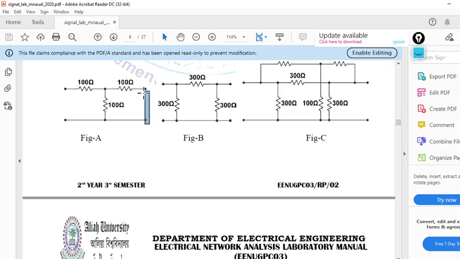If we short circuit, then this port and this port will be the same. So it will be shorted. Now you have to supply V1 here, and to find I1 you have to measure the voltage across it here.